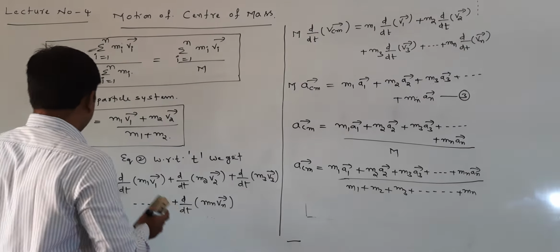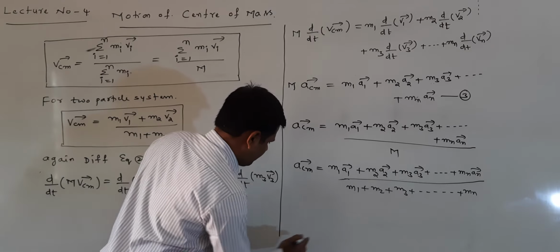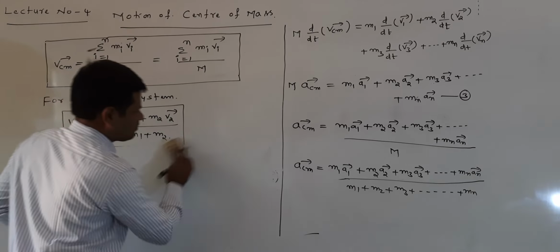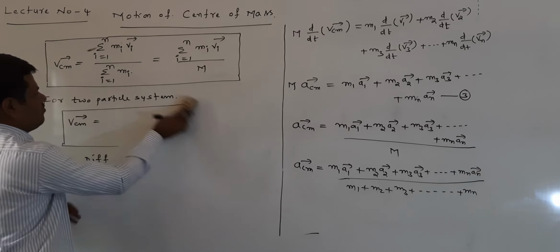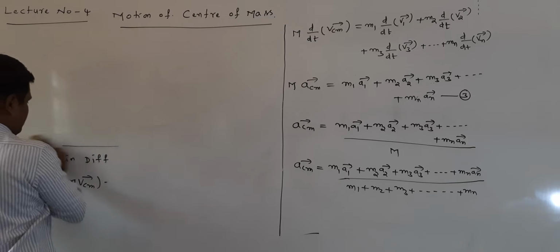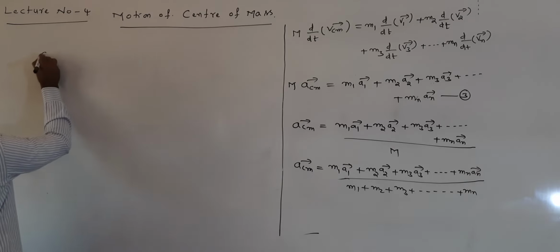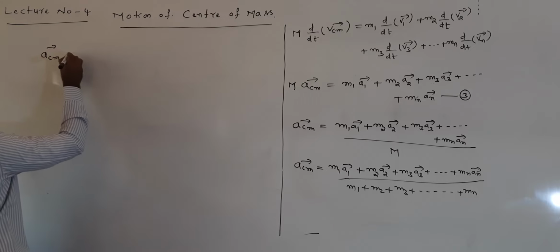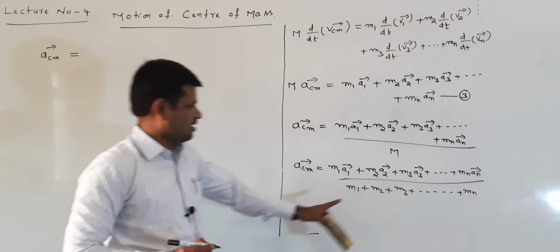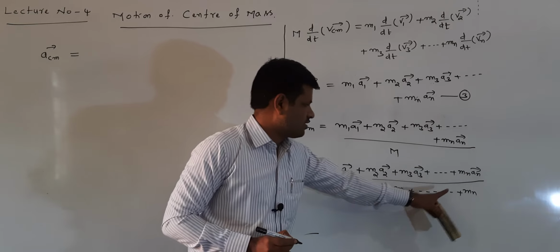Right? Now this formula I am representing in another way. ACM bar can be written as m1 a1 bar plus m2 a2 bar plus m3 a3 bar plus and so on mn an bar by m1 plus m2 plus m3 plus and so on mn.